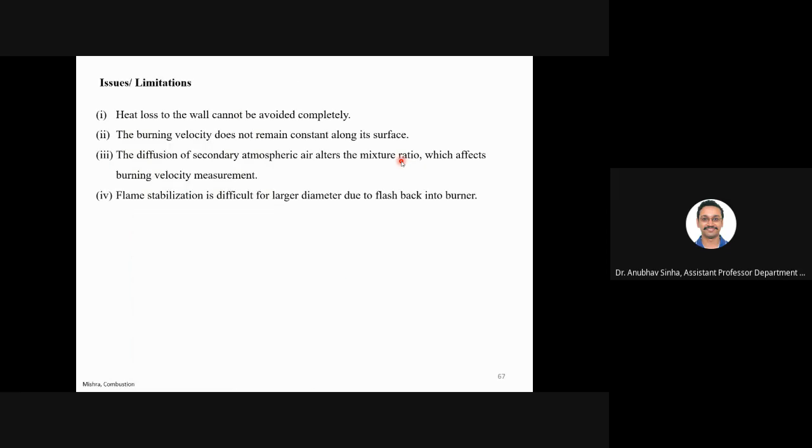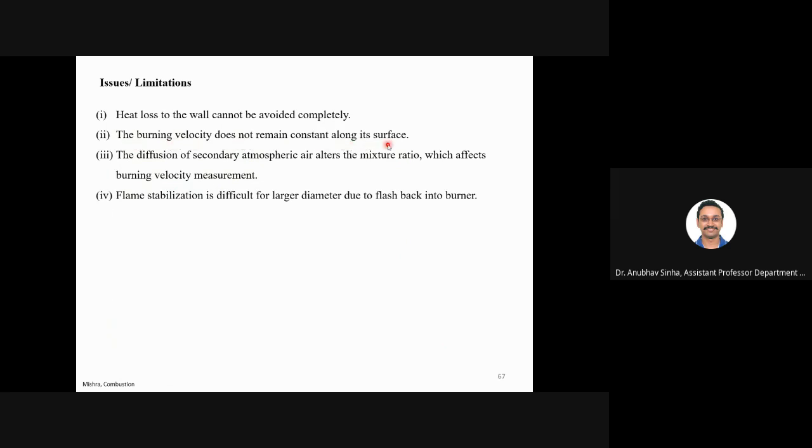Now, what are the issues with this? This is a very simple and elegant technique, but it also has some issues. For example, there will always be heat loss to the wall. That will compromise your accuracy. And this is an interesting thing that I will show with a numerical example to make you understand. But for now, you can assume that the burning velocity does not remain constant.